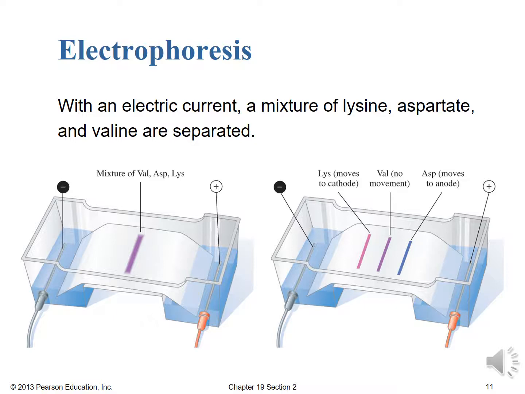The aspartic acid, or aspartate form, moves to the anode. It's negatively charged, so it moves to the positive end. And then the valine, being a neutral side chain, assuming we're at the isoelectric point, would stay right in the middle, no movement.